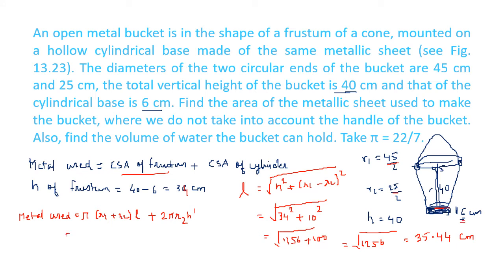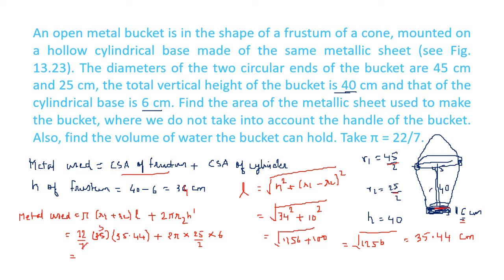So now put the value. We'll write 22 by 7 into r1 plus r2, it is 45 by 2 plus 25 by 2, that is 70 by 2, that is 35, into L. L was 35.44 approximately, plus 2 pi, R2 is 25 by 2, and H prime, the height, is 6.